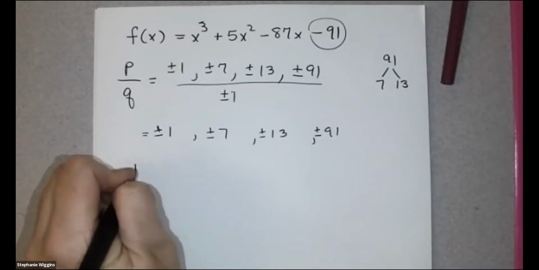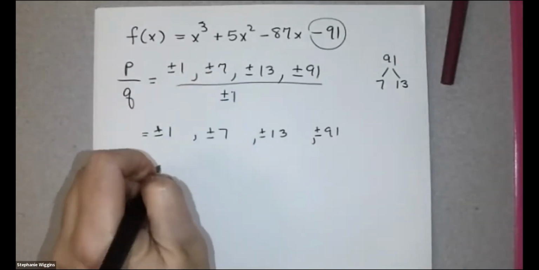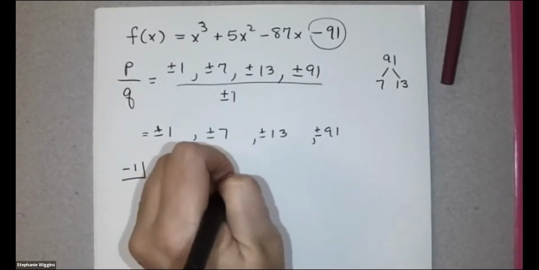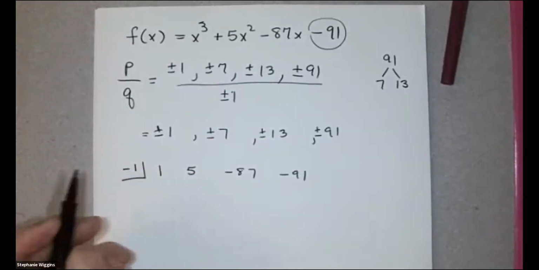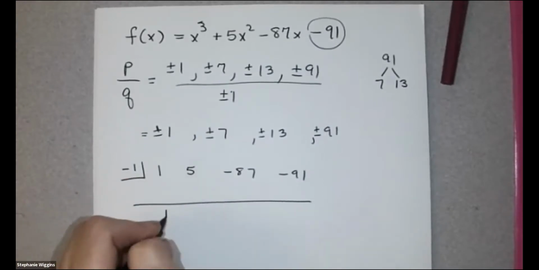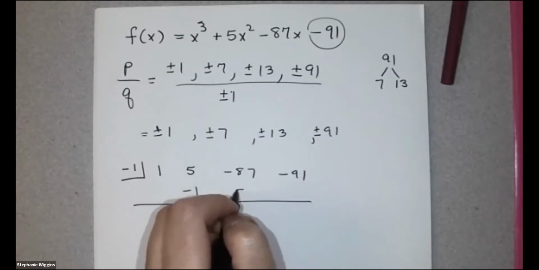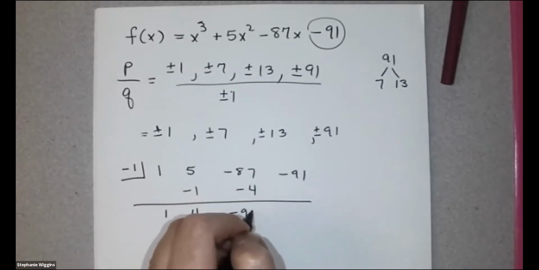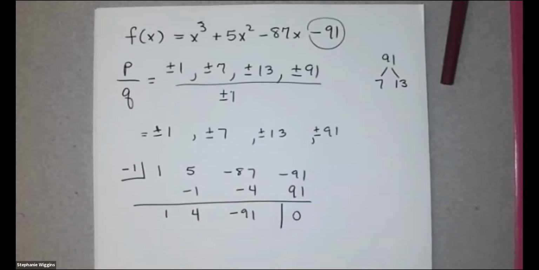So if I use synthetic division, I know that I'm going to get 0 as a remainder, right? Because I already know that this is a 0 based on the graph. So 1 times negative 1, negative 1 times 4 is negative 4. Negative 1 times negative 91 is 91, and that's 0.